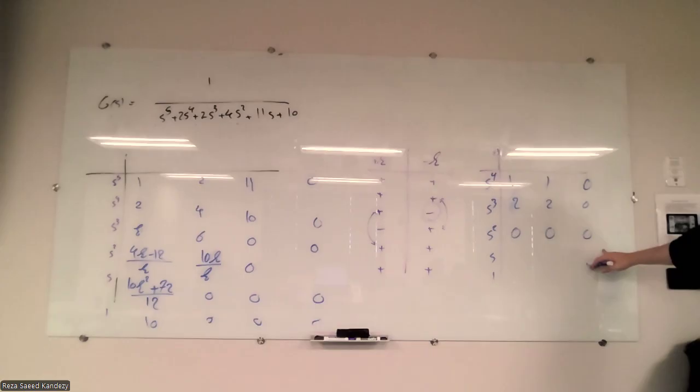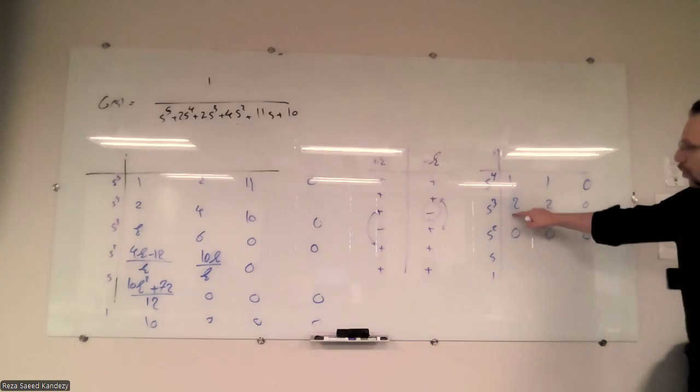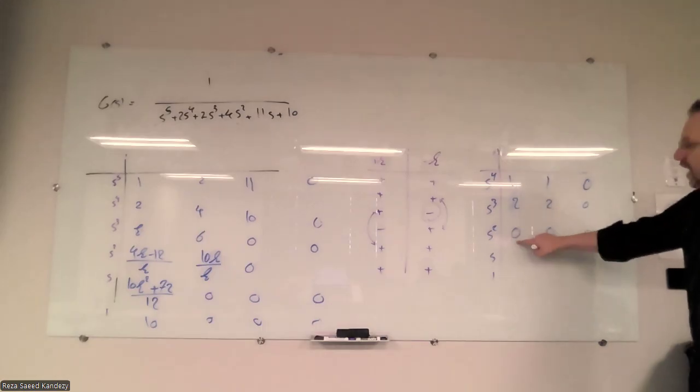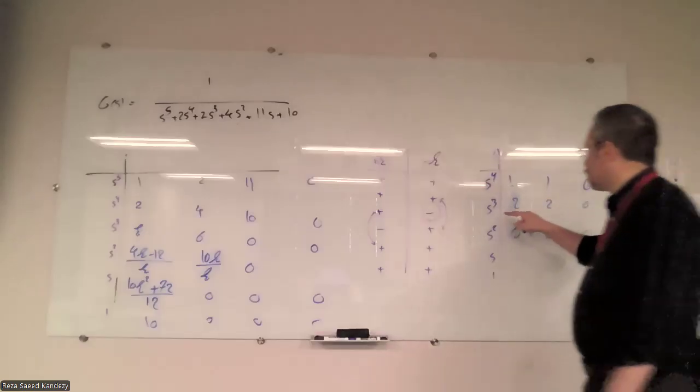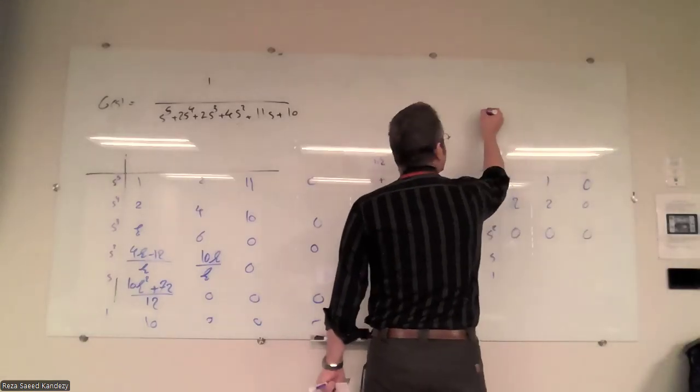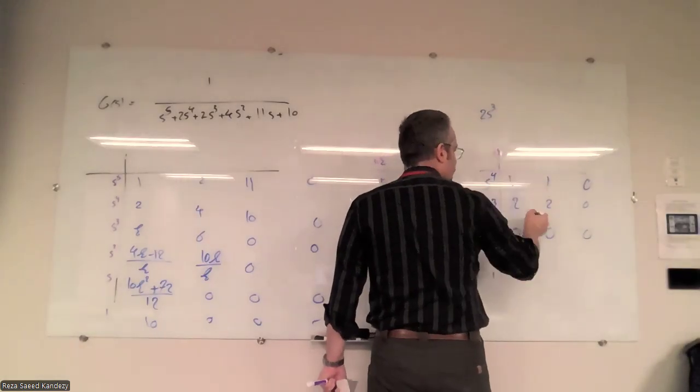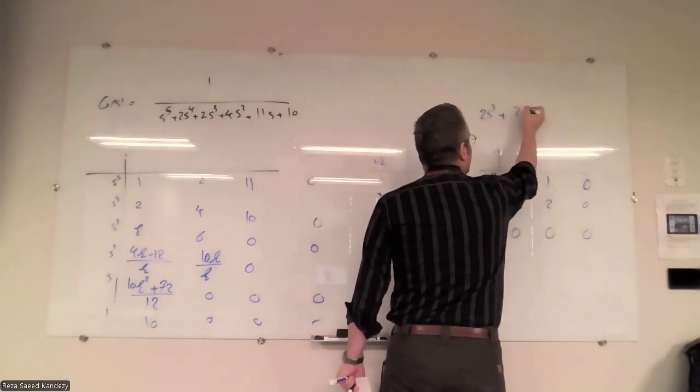Are we good? Now, the trick that we used was to develop the row above that 0. So the row S cubed is going to be 2S cubed plus 2S.